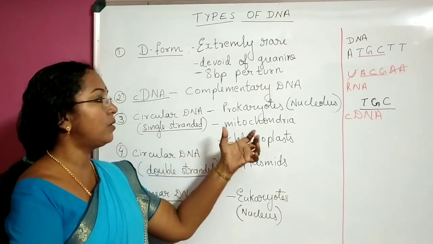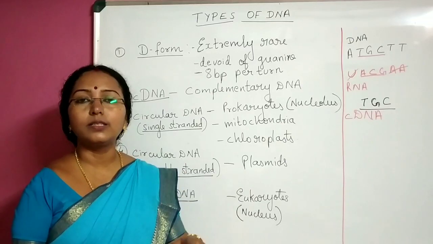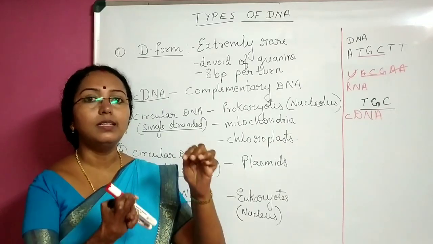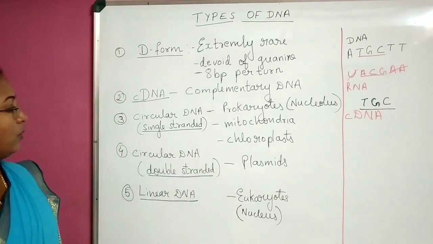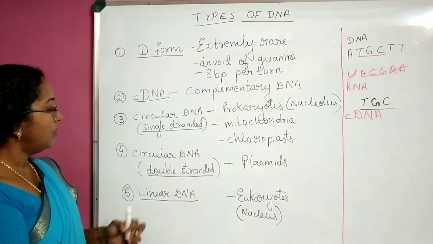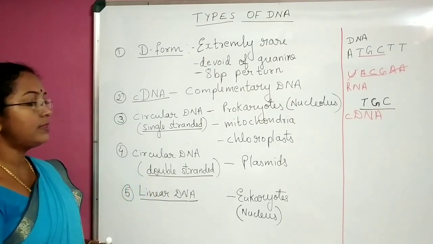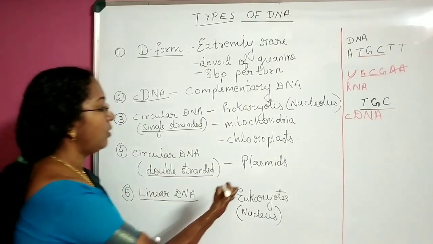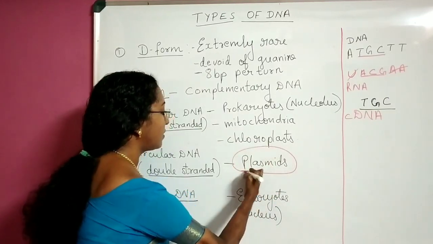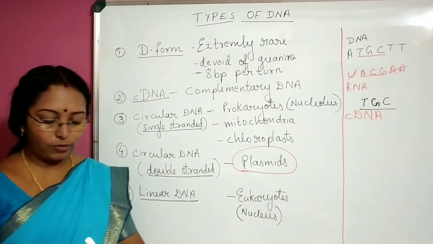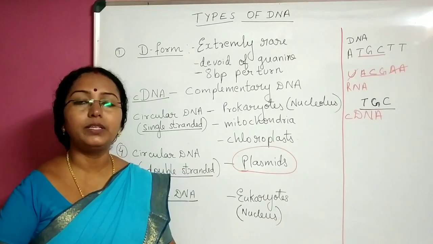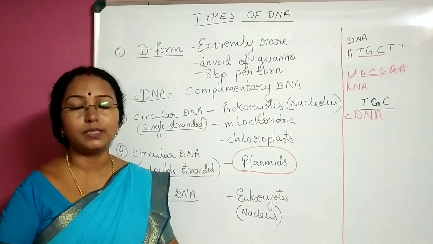Okay, prokaryotes also have single-stranded circular DNA and that is present in the nucleolus. Now look at this one. Double-stranded circular DNA called as plasmids. It's very important. It has got a lot of applications in the field of biotechnology again. Plasmids.